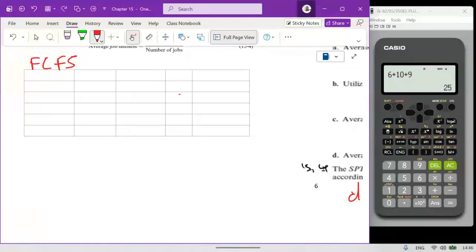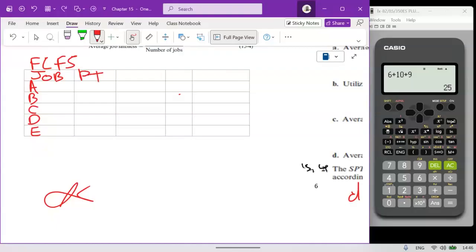So now we have jobs here again. Then we have A, B, C, D, and E. Then we have your processing time.